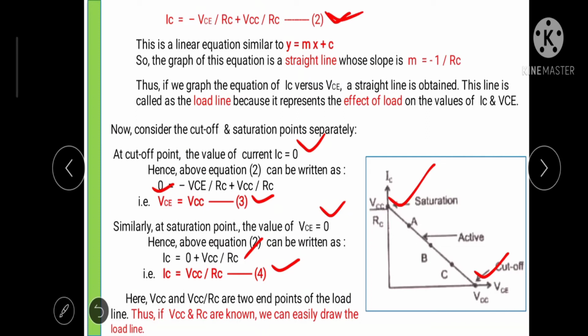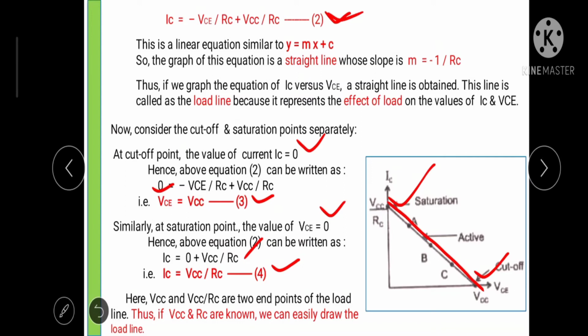Actually here VCC and VCC upon RC are the two endpoints of this load line. If we join these two points, we get a straight line, and this straight line is called a DC load line, because here we are considering the DC values of current and voltages.